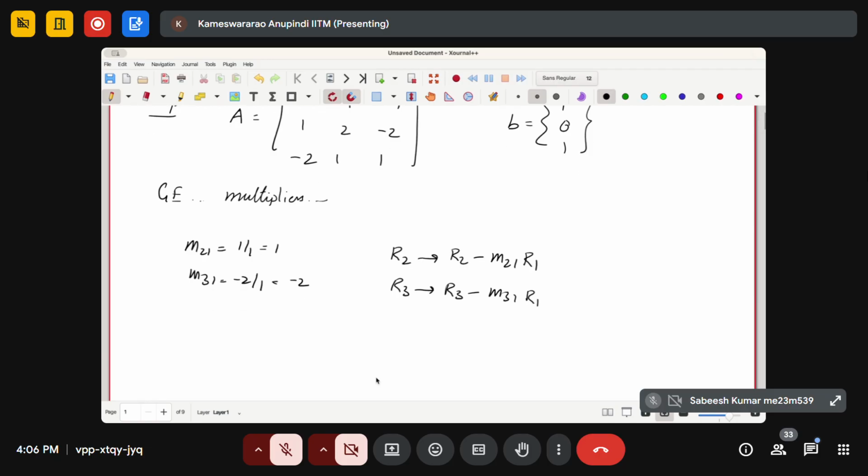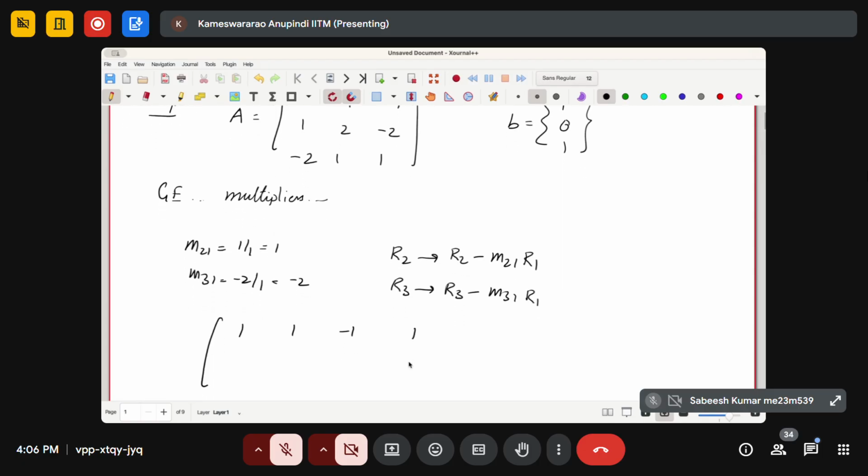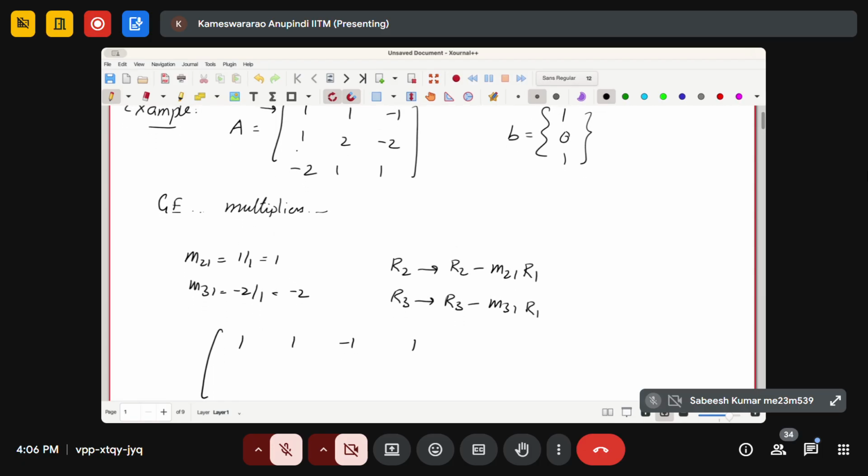Then I can now perform the row operations. The first row remains unchanged. So we have 1, 1, minus 1, and on the right hand side I have 1. Then the second row is just the subtraction of the first row from the second row. That's going to be 1 minus 1 is 0, 2 minus 1 is 1, minus 2 minus of minus 1 is going to be minus 1, and then 0 minus 1 is going to be minus 1, right?